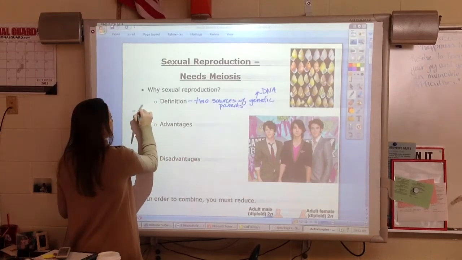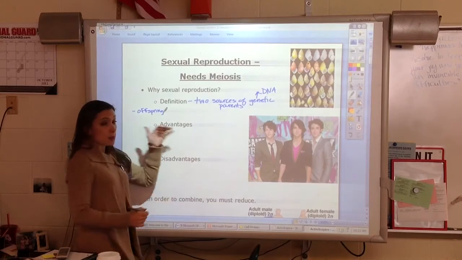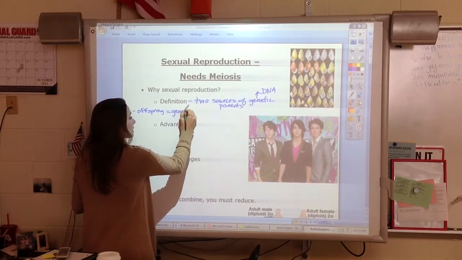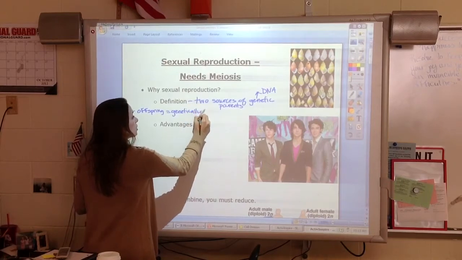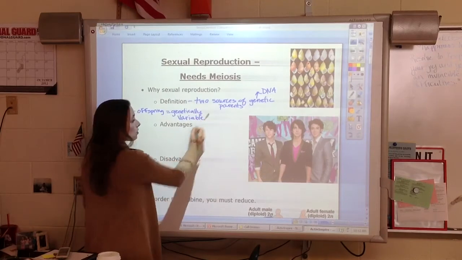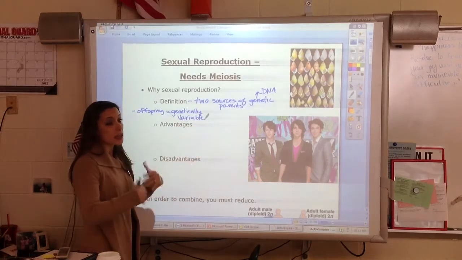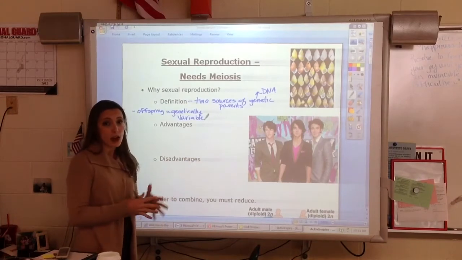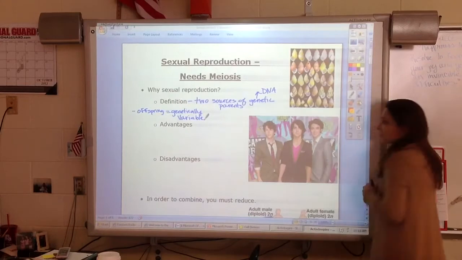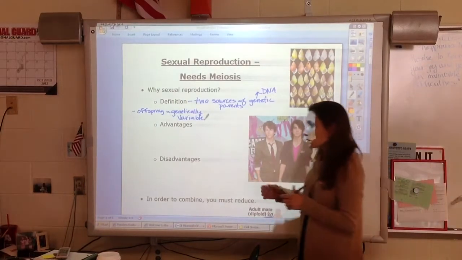And so the offspring are considered a genetic combination of the two parents, but they're not an exact half and half combination. So they are going to be genetically variable or different. The other reason we talk about them being variable is each offspring is a different combination of what the parents are.